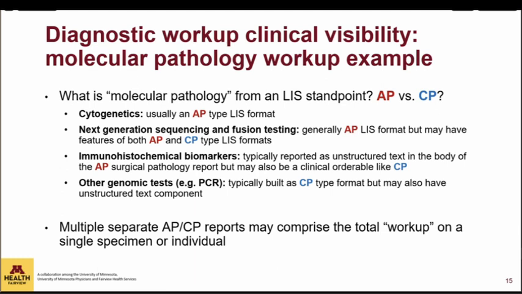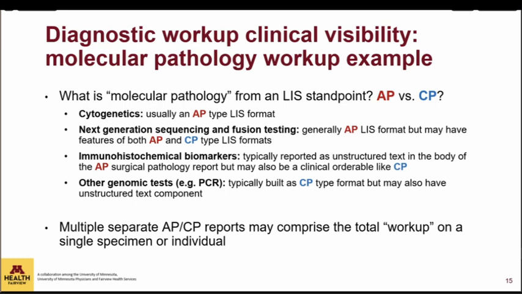From an LIS build, is it AP-CP? Is it both? In reality, most of what we might consider the molecular pathology tests listed here have elements of both, AP, such as an unstructured report comment, with CP, such as discrete or potentially discrete genomic results.